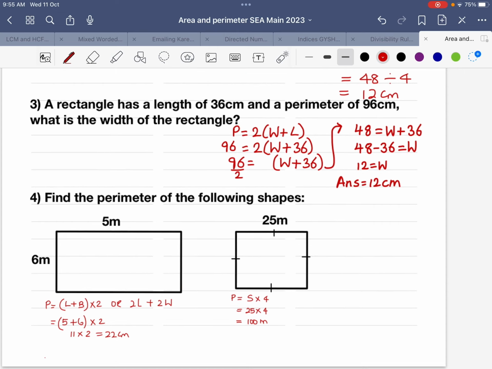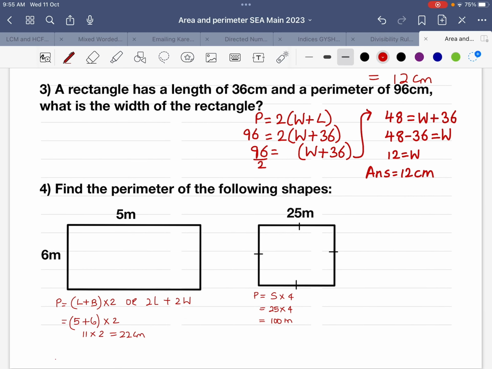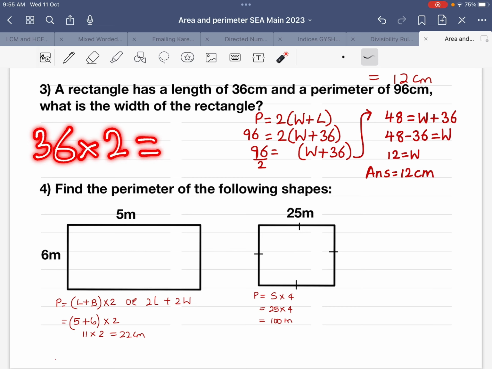Number 3, a rectangle has a length of 36 centimeters and a perimeter of 96 centimeters. What is the width of the rectangle? We are given the length, 36 centimeters. We can multiply that by 2, because every rectangle will have 2 lengths, and we will get 72.